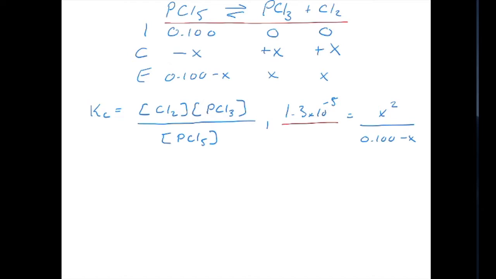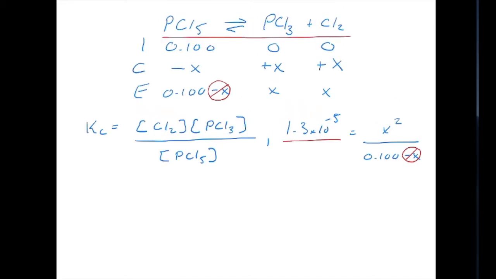So what we can do is assume that this x in the equilibrium condition is negligible, so we can ignore it, and that means that we can ignore this x down here. And that ends up simplifying everything so we don't have a quadratic formula at the end. So if we continue on with the math, 1.3 times 10 to the minus 5 times 0.100 equals x squared.